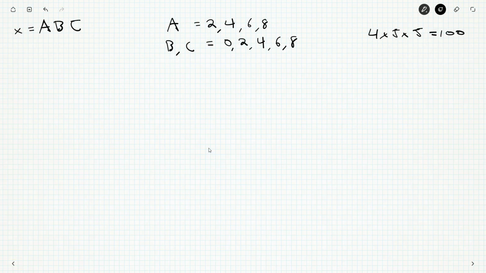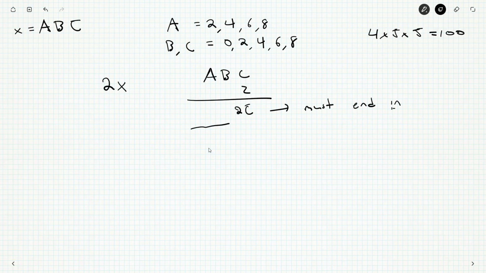Well, what happens when we double a number? Well, we get A, B, C, and we multiply it by 2. So we're going to get 2 times C, and then we get a whole bunch of other stuff.